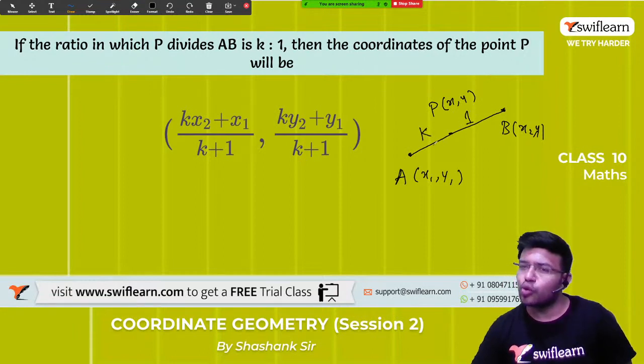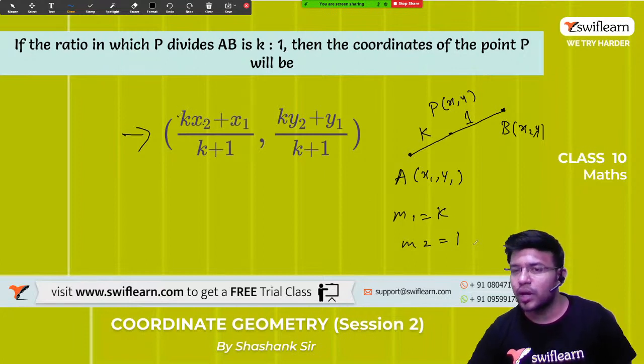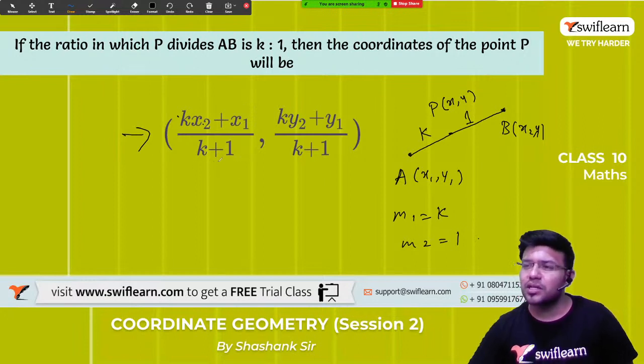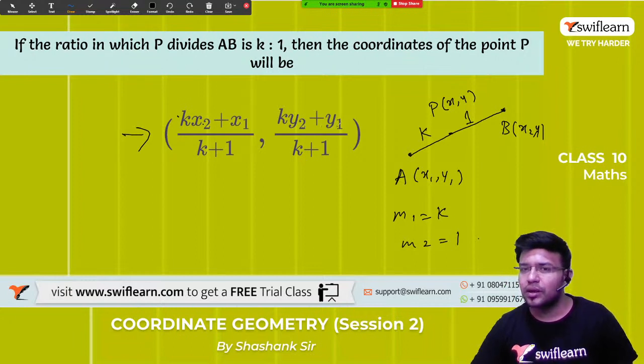So what will be the formula? Simply substitute m1 as k, m2 as 1 in the previous formula. What are we going to get? m1 is k, x2, plus m2 is 1, so 1 into x1 is x1, divided by k plus 1. Similarly, we will get k y2 plus y1 divided by k plus 1.